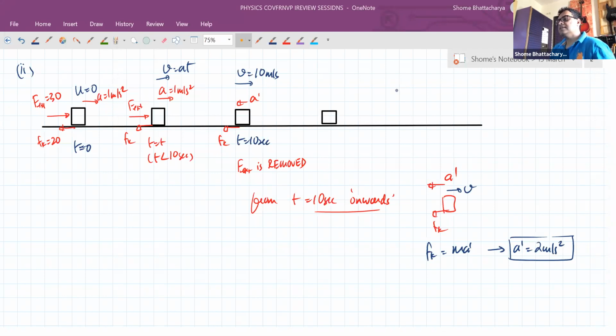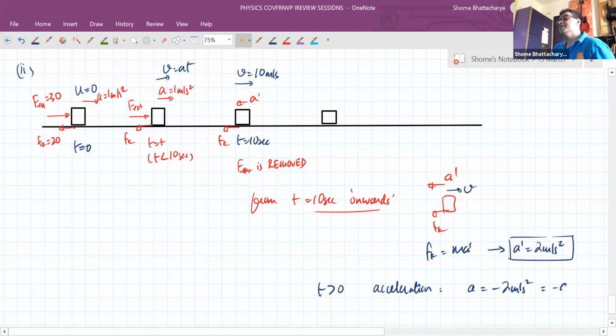Okay. So we can say that for t greater than 10 seconds, the acceleration is minus 2 meters per second square, or minus a prime. ये यहाँ से decelerate करने लगता है.